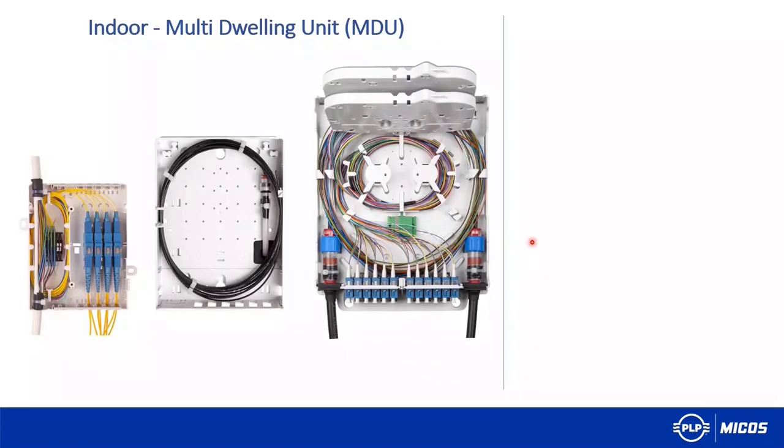So these boxes you can see here are for the real 100% multi-dwelling unit. It means indoor boxes, fireproof with V0 norm, and very versatile. So you can use it for only splicing, you can use it for PLC splitter, you can use it for drops via connectors, you can use it with pre-terminated cables, and many more options.